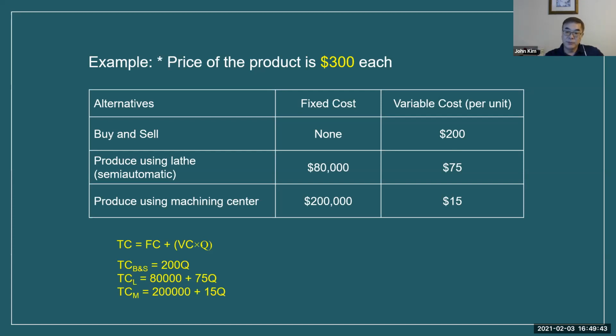How many do we buy and sell? So that is the total cost for buy and sell. Second option, fixed cost is $80,000 plus 75 variable cost times Q. And the last one, $200,000 of fixed cost plus variable cost is now 15 times Q.